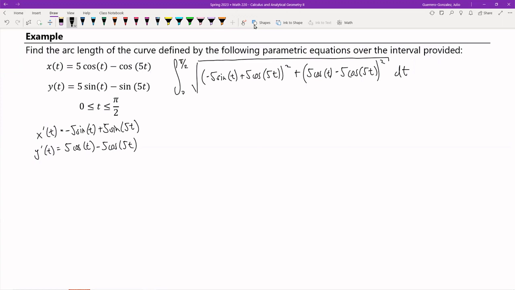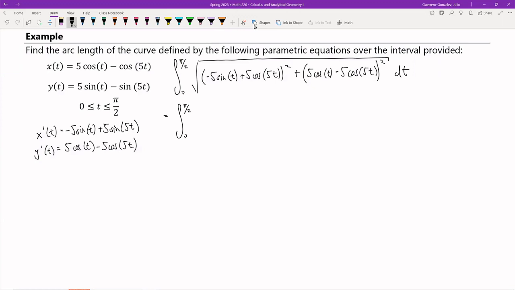Okay. Hopefully that didn't scare very many of you. I know it probably did. Work it out. If you need to sit there and write it out, do it. Okay, let's move on. This is equal to the integral from 0 to pi over 2.